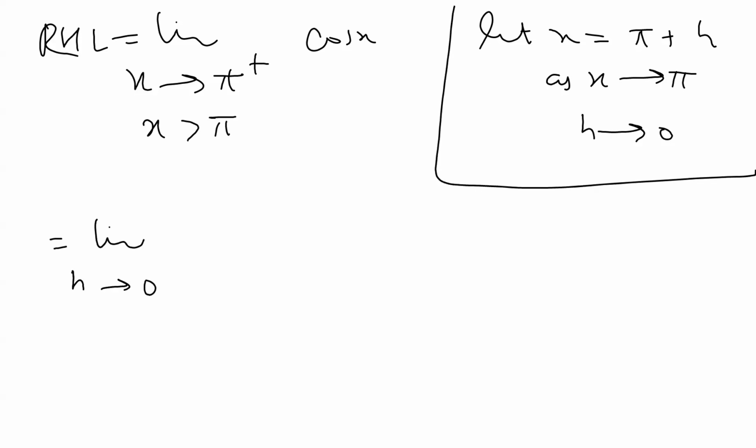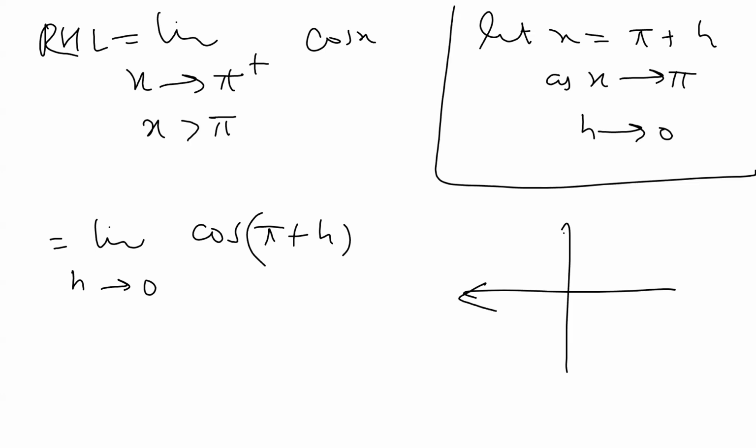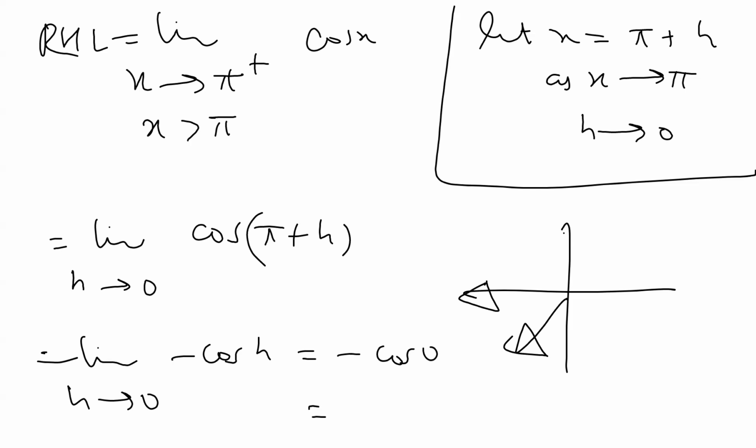So limit h approaching 0, cos of pi plus h. Now cos of pi plus theta is minus cos theta, because in the third quadrant cos is negative. So this is minus cos h. Put the value of h as 0. Cos 0 is 1. So this is going to be minus 1.